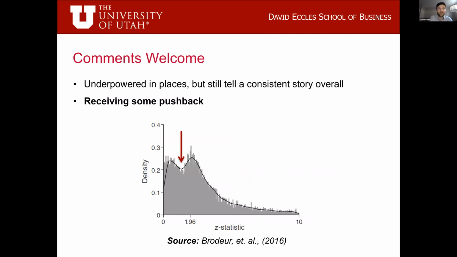Okay, and on this, comments are definitely welcome. Like Marty was saying, this is a new paper, and we're underpowered in places, but we think the story that we're telling is important and it's consistent across, even though we are underpowered. So we're receiving some pushback with this project. This paper here, you've probably seen, is a paper in the economics literature that documents in the top journals that there's this kind of gap for papers that are just shy of being statistically significant.